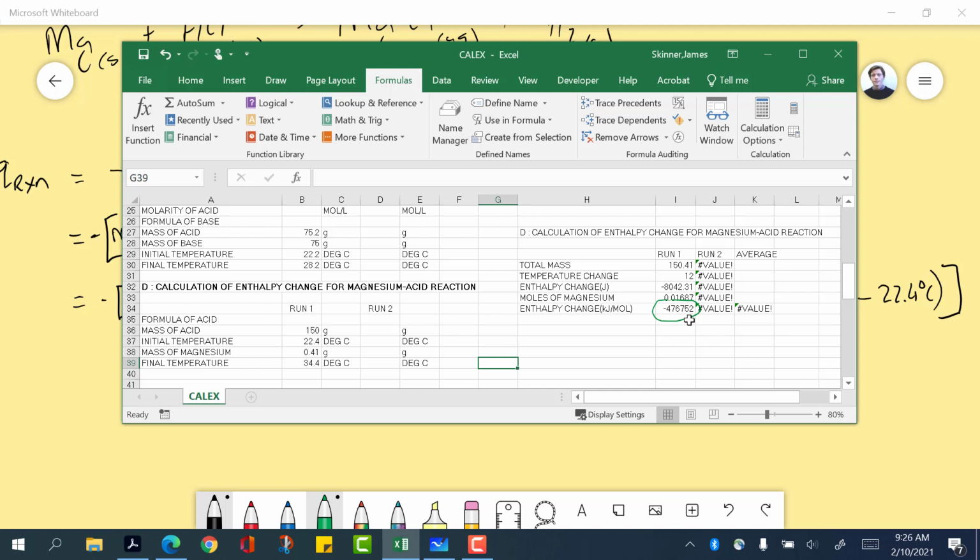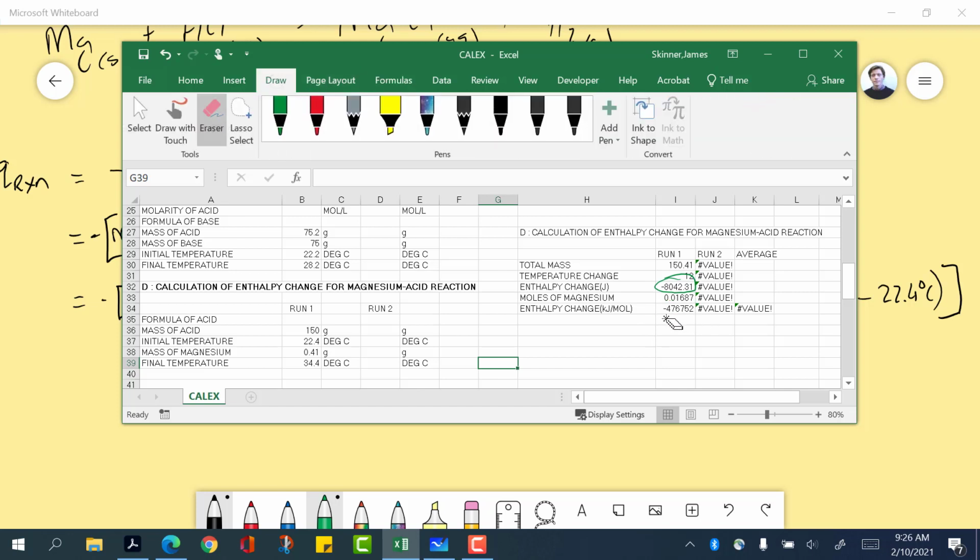47,000. Oh, that's awful. Kind of large there. Doesn't make any sense. Let's see. They've got it as in kilojoules per mole. I'm sorry. This is the one we're looking for right here. That's what happens if you convert it into moles of magnesium and calculate it.